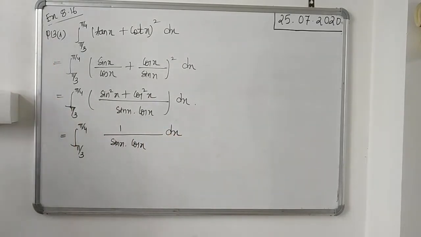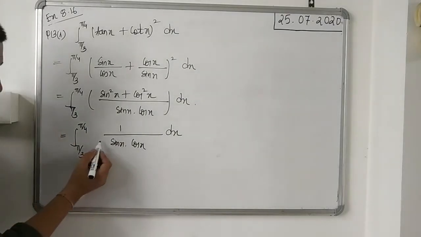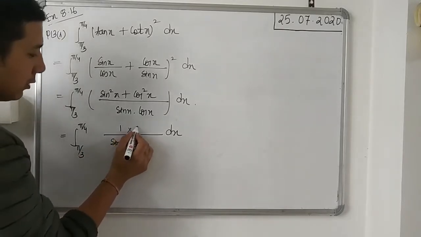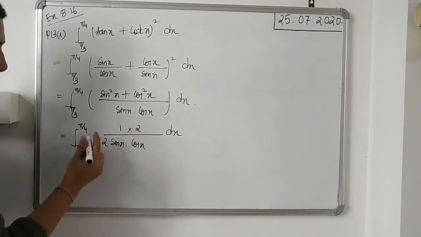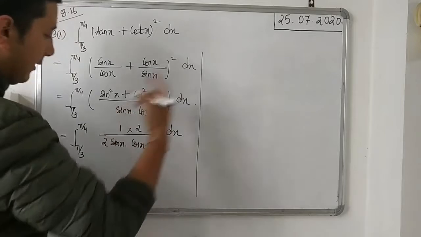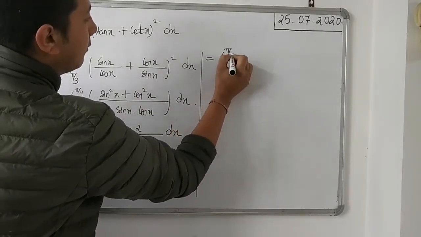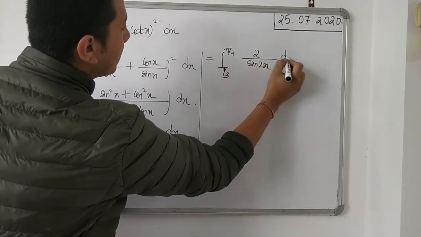Now we need to simplify it further. In order to simplify, I need to get 2 out here. We don't have 2, so multiply with 2 and then divide with 2 as well, because this gives me in the formula 2 sine x cos x as sine 2x. So pi by 3 to pi by 4, this is twice divided by sine 2x dx.